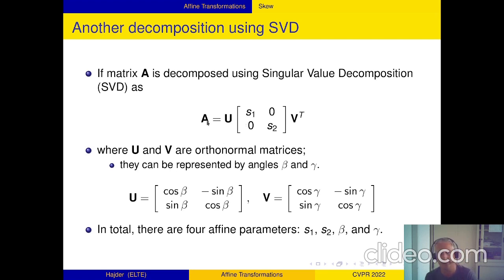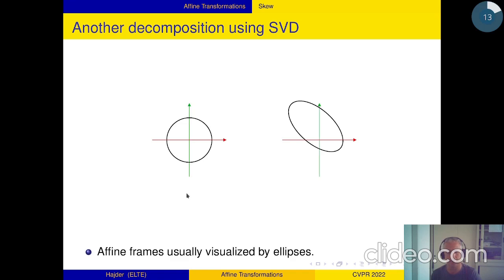So the affine transformation can be decomposed into two scaling parameters and two rotation angles denoted by beta and gamma. So in total, in this case also, there are 4 parameters. And it's trivial that if somebody applies this affine transformation to a circle, an ellipse is given as the output, as the transformed version of the circle.